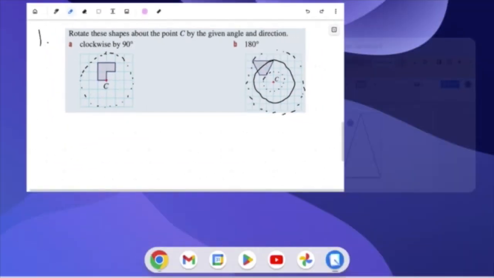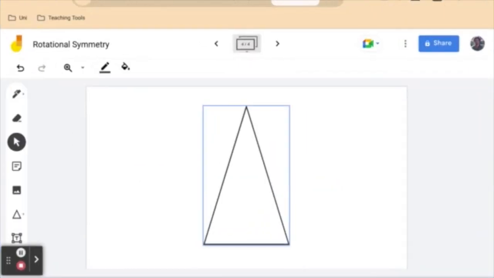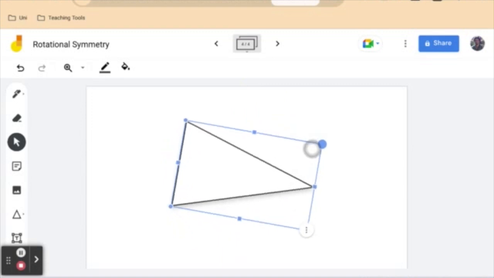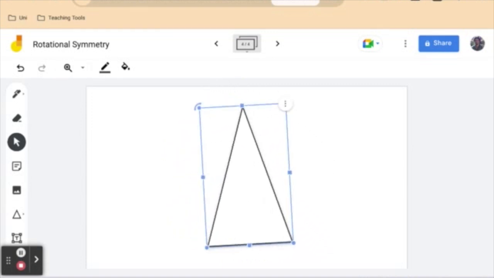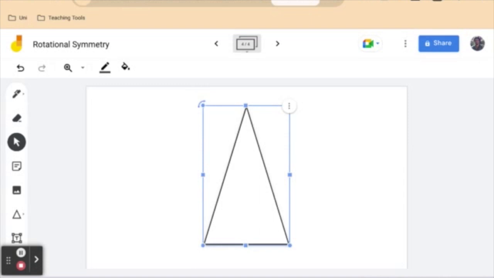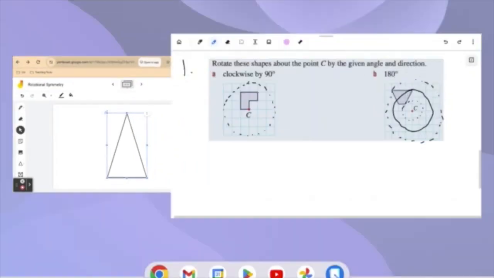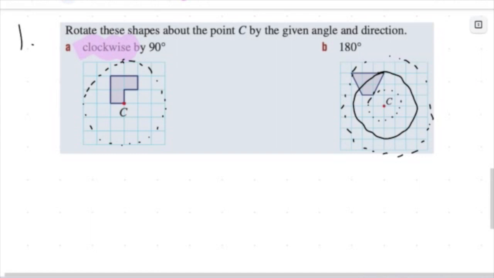So think about a clock and how the hands turn. All of you have seen those old school clocks, I hope. We can turn things either clockwise, rotate it to the right, or we can go anti-clockwise where we rotate to the left. Those are the two main rotations we're thinking of. So that's just to summarize this idea of clockwise. Okay, clockwise by 90 degrees.